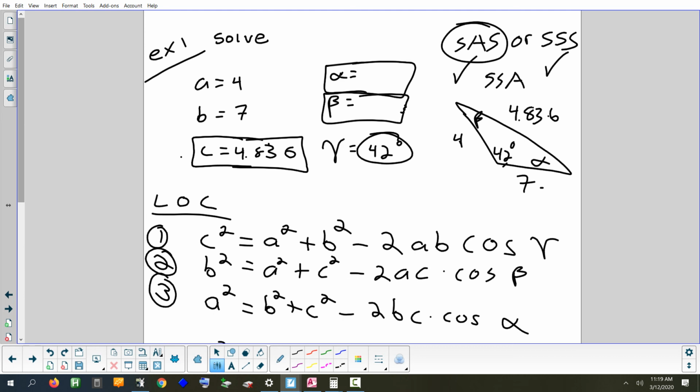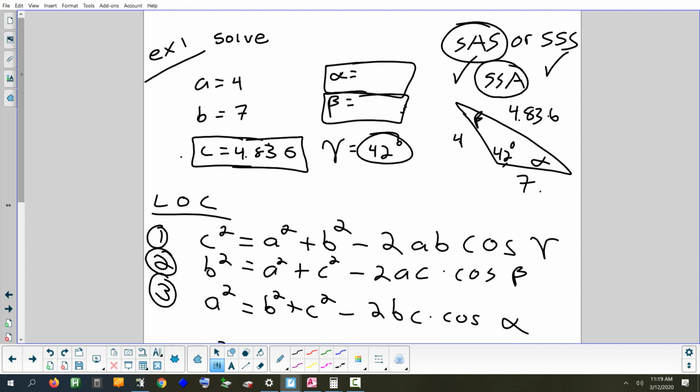If we think of this problem as side, side, side now, we just change how we're thinking about it. What law does side, side, side fall under? Law of cosines. It's still law of cosines. If you think of it from this perspective, side, side, angle, what law is that? That's law of sines.